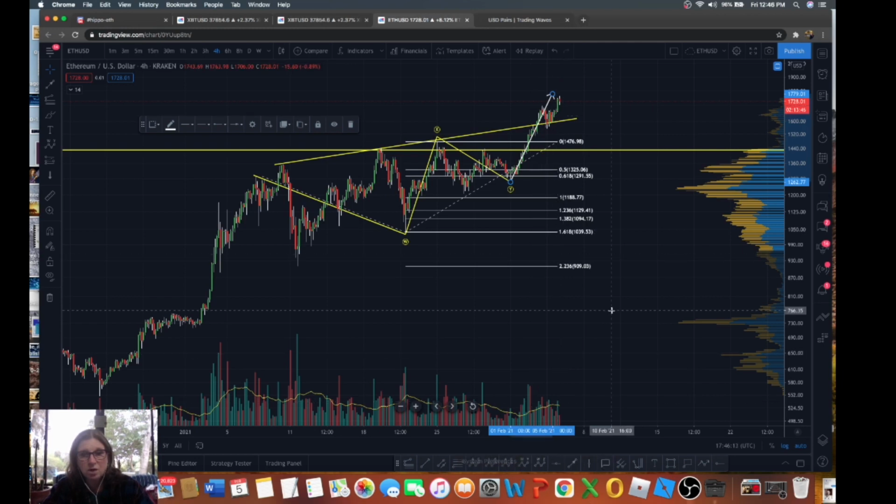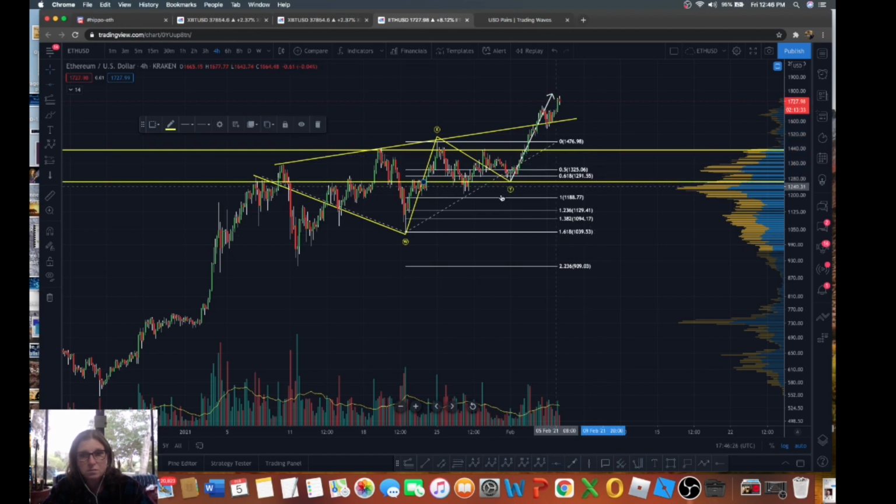If this is going to be the start of a new wave, this is going to be a 1, 2, 3, 4, 5 on up. We absolutely cannot break this level, because we cannot come back into wave 1.